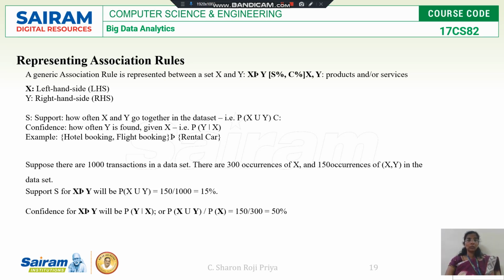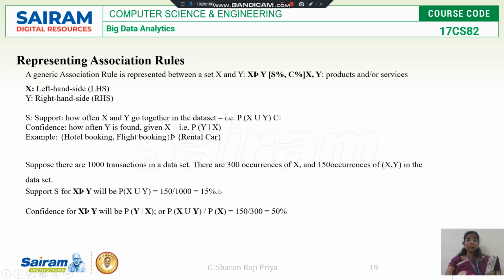Altogether X and Y, the union of X and Y. When X and Y go together, it is for 150 occurrences out of 1000 occurrences. That is, the percentage is 150 by 1000, that is 15%.